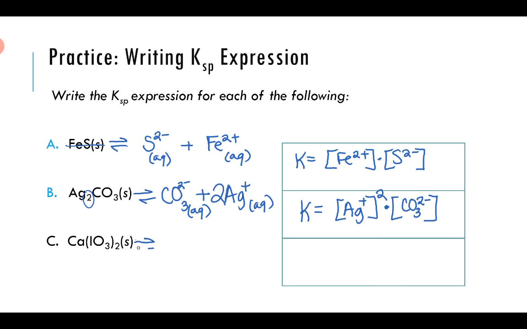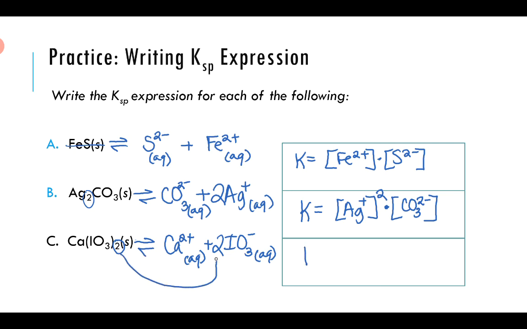Now let's do this last one. In this last one, we have calcium, and then that's iodate. So calcium is 2+ ions. And then iodate is a 1- ion. And then we will have 2 iodates because of that 2 coefficient there.